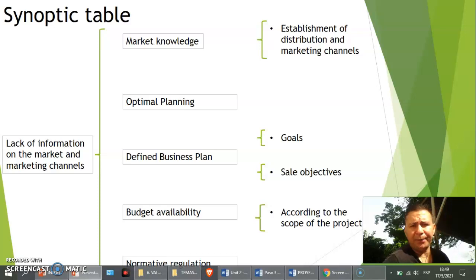Newly establishment on distribution and marketing channels, defining business plans, goals, and sales objectives, and digit availability according to the scopes to the projects.